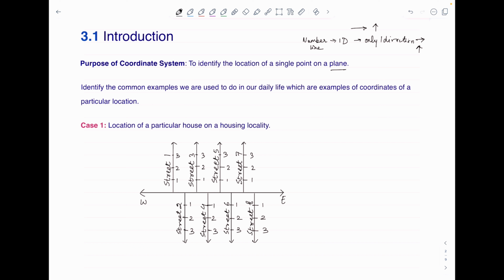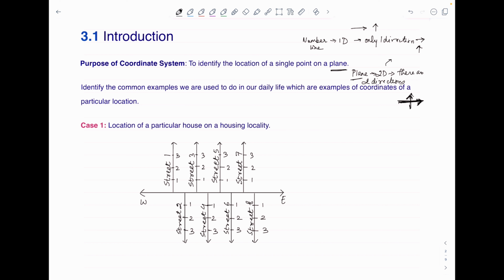But the plane is 2-dimensional. There are 2 directions. One is east west, and at the same point there is north south. You can go east west and then you can go north south also. So in 2 directions you can go. That gives a plane, that is 2-dimensional.